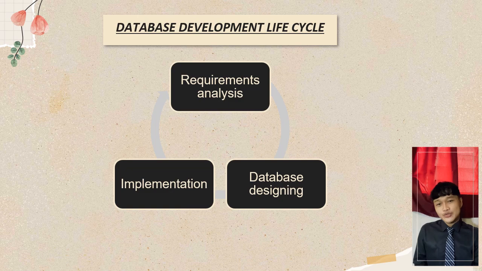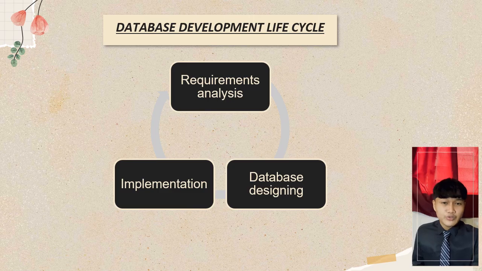Planning is the stage where database design concepts are concerned with planning the entire database development lifecycle. System definition is the stage that defines the scope and boundaries of the proposed database system. Next is database design.